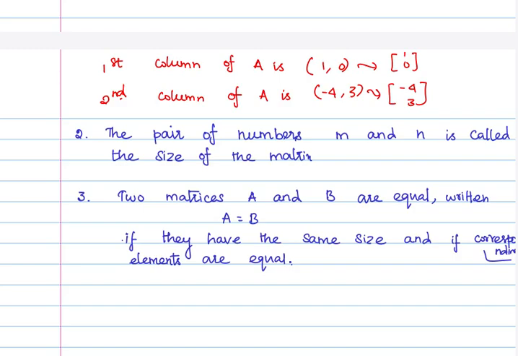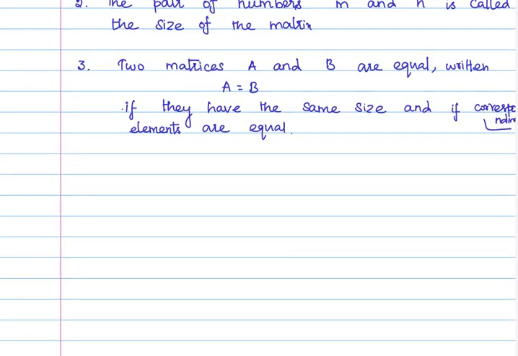Now we see one example. Suppose A is a matrix with first row x plus y, 2s plus t, and second row x minus y, s minus t.